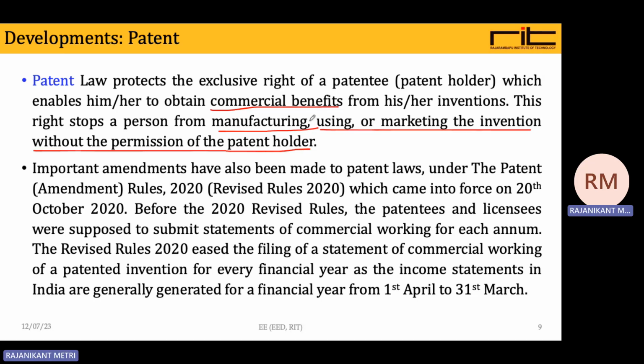The revised rules require the filing of statements of commercial working of a patented invention for every financial year, as income statements in India are generally generated for the financial year. So whether earlier it was per annum or yearly, currently with the revised rules also it is yearly, but considering the financial year as 1 April to 31st March. So the patentee has to submit the statements of commercial aspects of the patent.